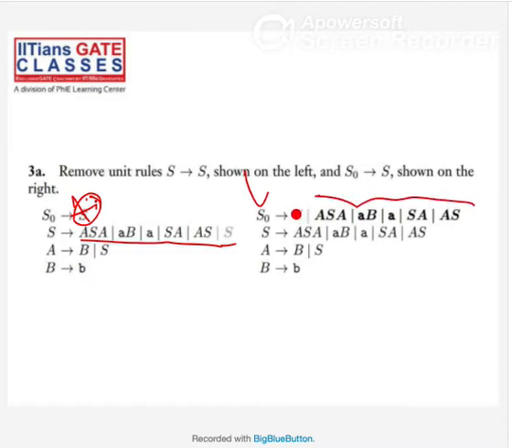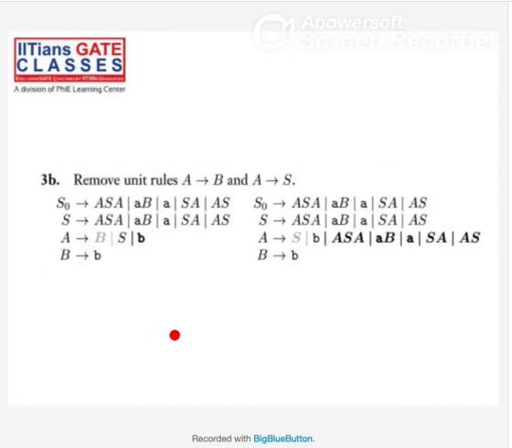S goes to S you can directly remove anyway. Now when you remove A goes to B, just write everything here, so this B you write in place. Similarly, when you remove this S, write everything here. So finally you will get this.